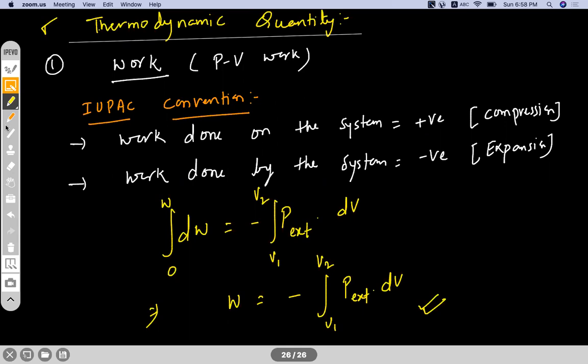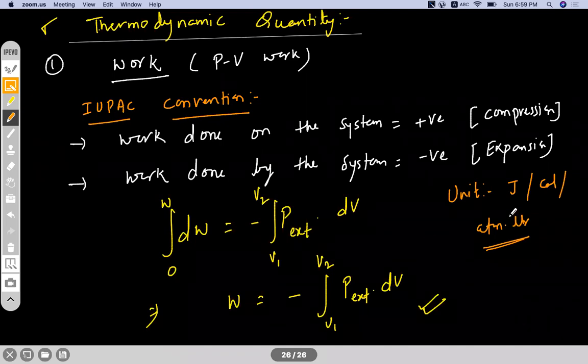The unit of work done we can have is joule, calorie, or atm liter, anything. Whenever you do P into V, pressure is in atm and volume is in liter. So mostly you will get work done in atm liter.